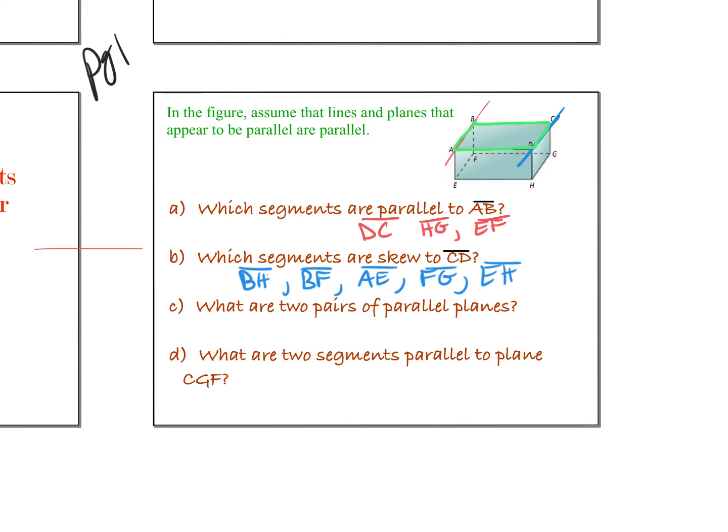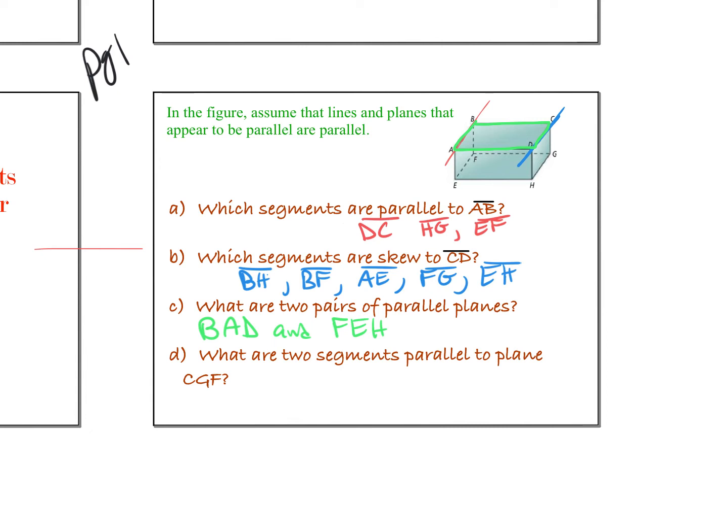So this would be plane BAD and the plane parallel to that would be FEH. Now, could I have named the top plane CBA? Sure. DCB? Sure. The bottom plane could be GHE. Multiple ways to name planes.